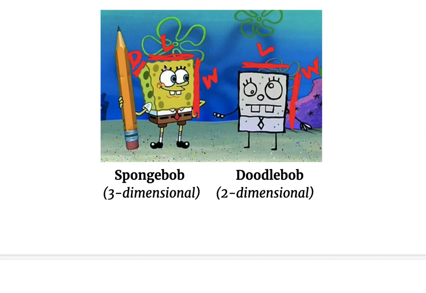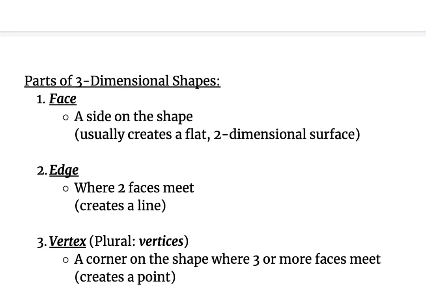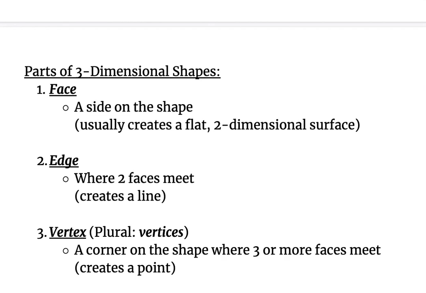So a face, you can think about like anywhere that SpongeBob can have a face. You can have a face in the front, on the side, on the back, on the top, on the bottom. Those are all faces. So it's a side on the shape, and it creates a flat 2-dimensional surface.